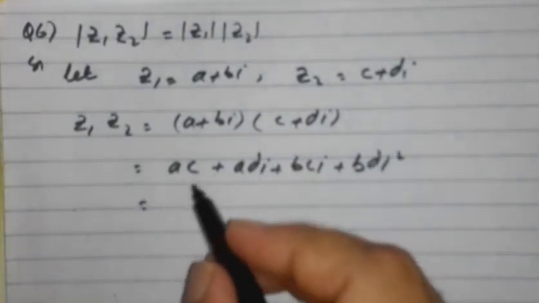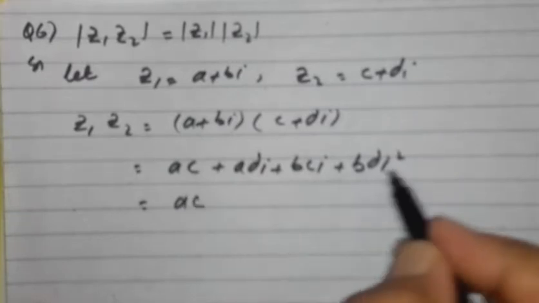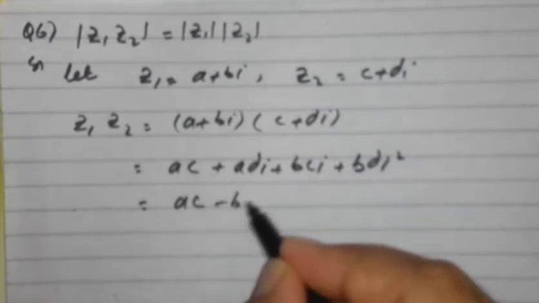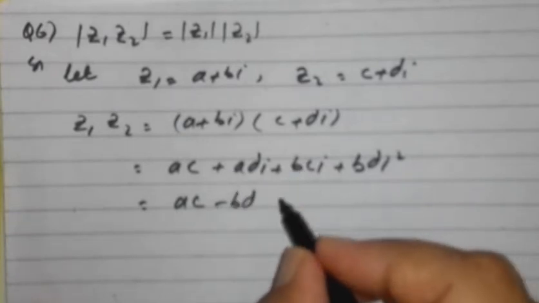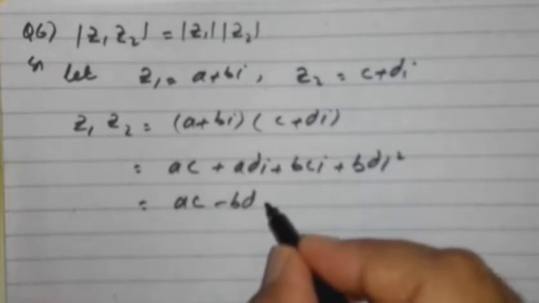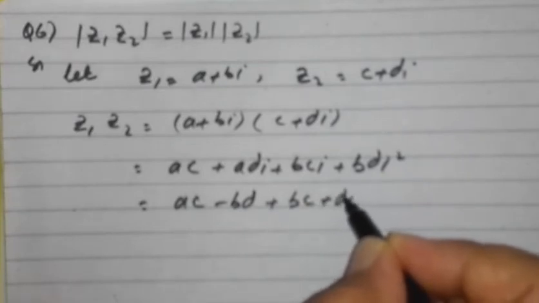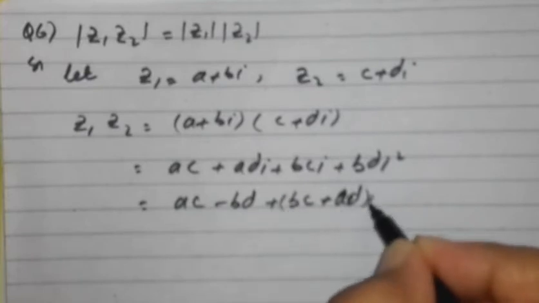Further we can write it as ac, iota square is minus 1, so minus bd, and take iota common from these two, so we can write (bc plus ad) iota.